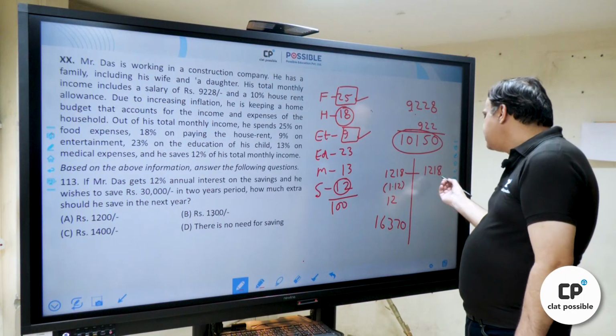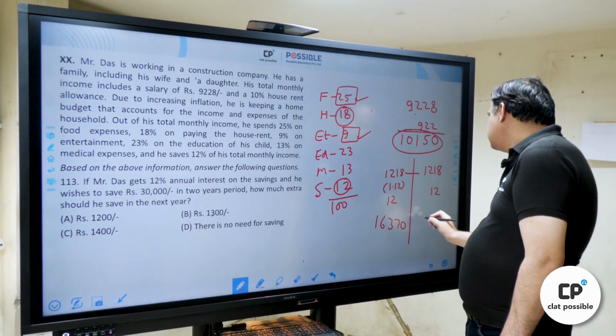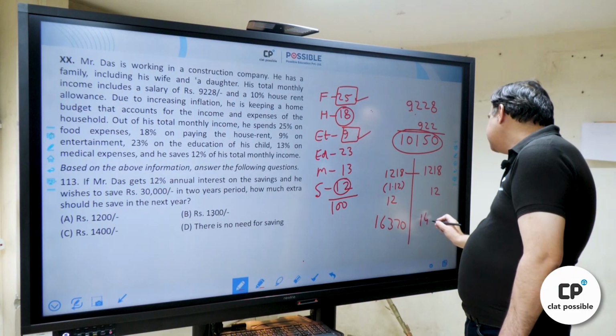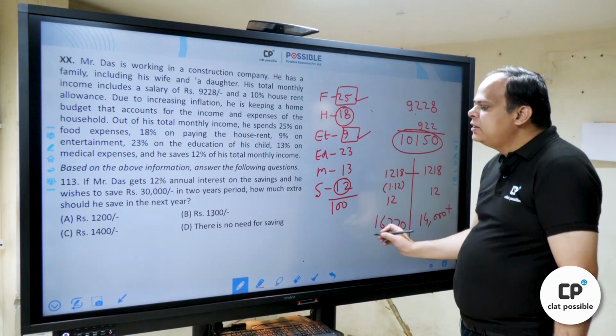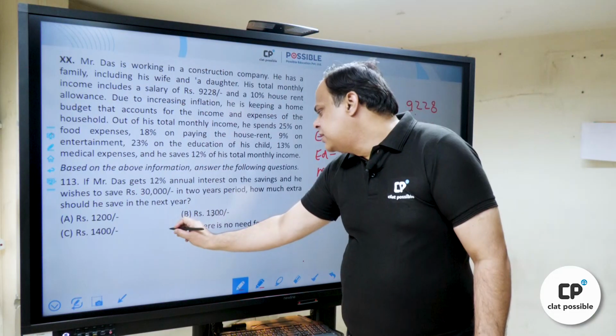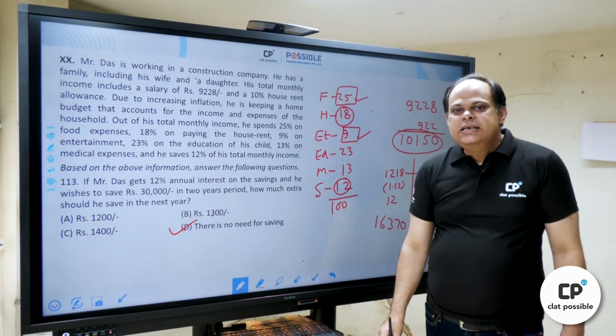But there's no interest on the second year, so it's going to be just 12 months. So this comes out to be something like 14,000 something. So if you see, this has already crossed 30,000. So there's no need for further saving. Answer will be option D.